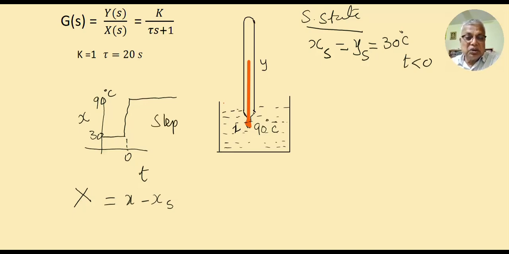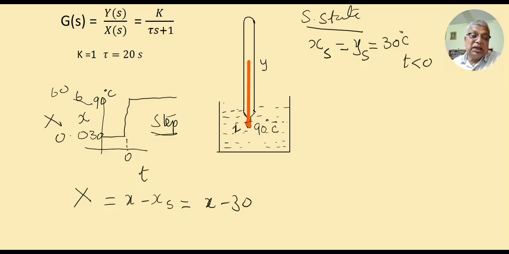So if you plot this in terms of capital X, this will be X minus Xs, which is X minus 30. So here it will be 0, and here it will be 90 minus 30, which is 60. Here it will be 60 and here it will be 0. So let me plot that again.